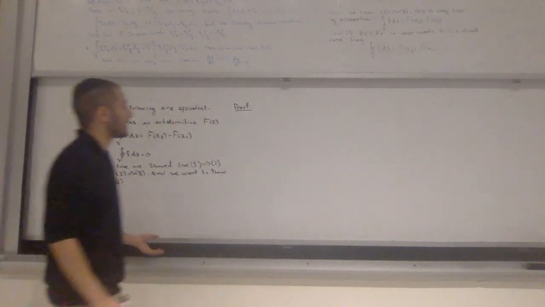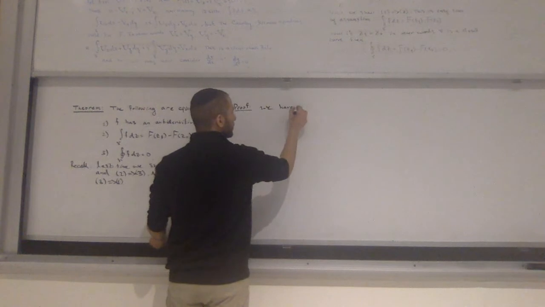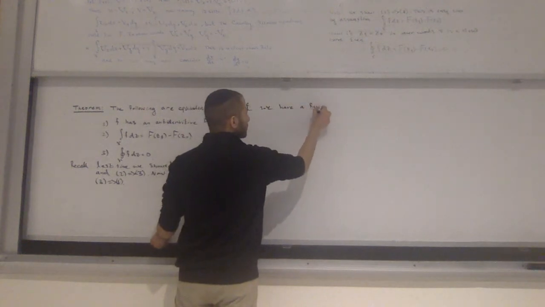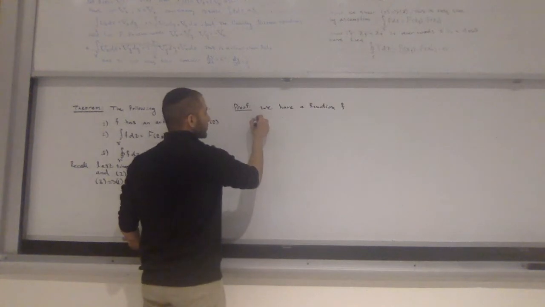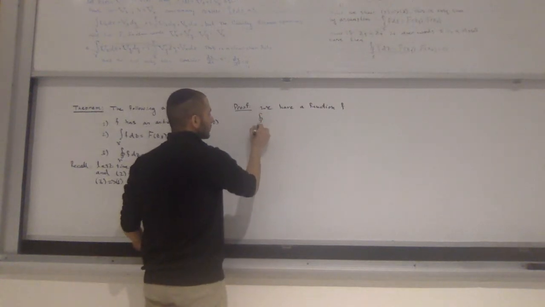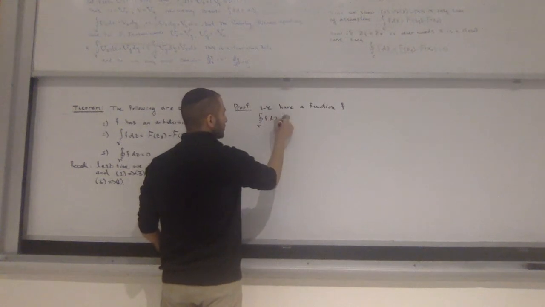All right, so 3 implies 1. That means that we have a function f which satisfies that any closed integral gamma of that f dz is 0.